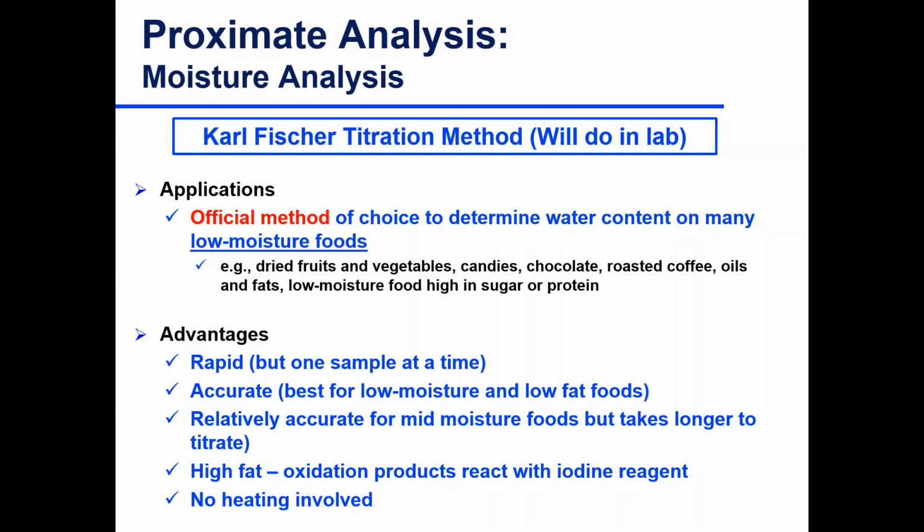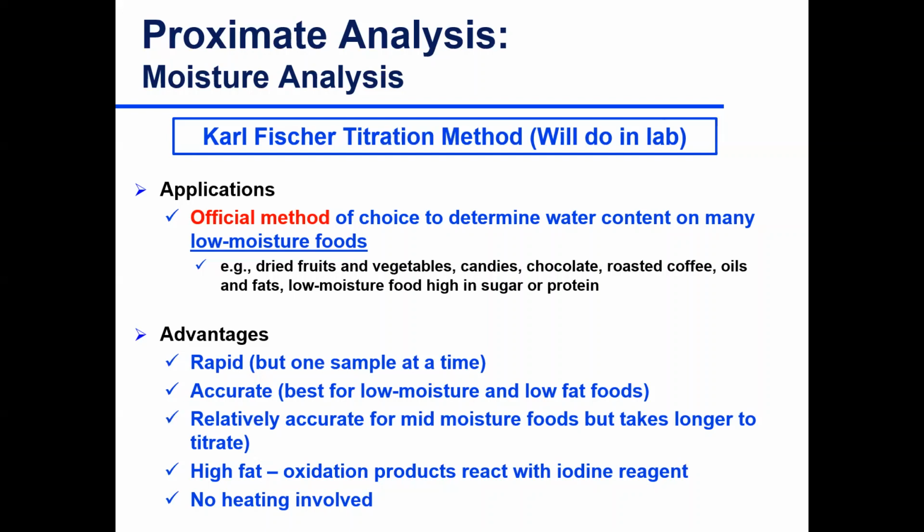It isn't quite as accurate for mid moisture foods, so intermediate moisture foods. It takes a little longer to titrate, so it's a little slower and less accurate for intermediate moisture foods. Great for low moisture. High fats can be a problem, especially if those fats are oxidizable.